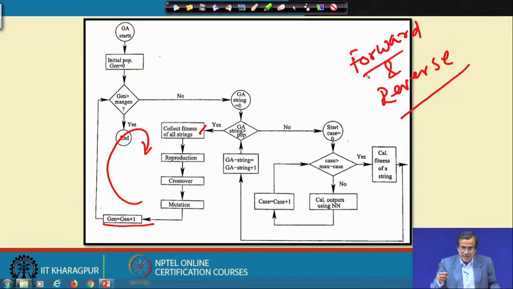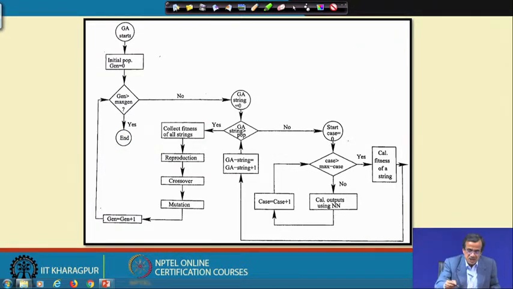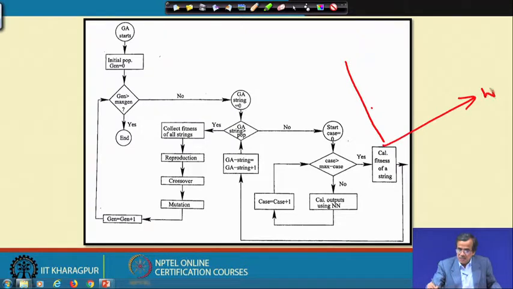Now, if you see the error function which I have already drawn here, for example, say this is W and this is V, and this is the error. There is no guarantee that every time you will get a very well defined and very unimodal error surface.